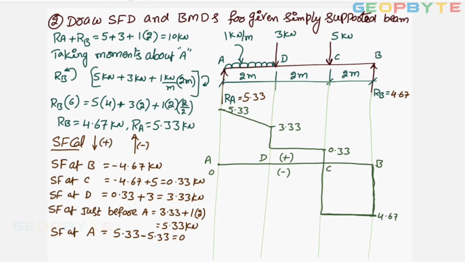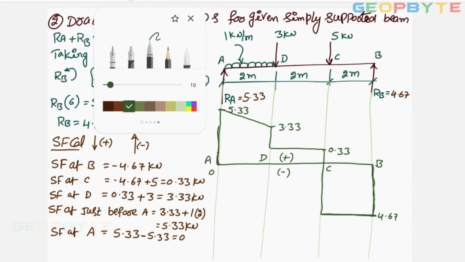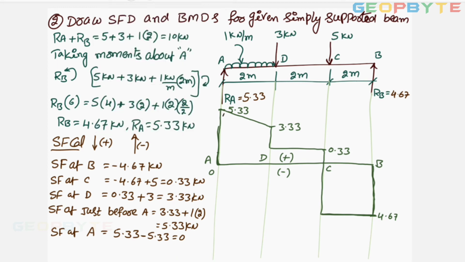Under UDL, the shear force diagram varies linearly. Join it, close it. That is the shear force diagram. Now you have to go for the makeup like this. This is how the shear force diagram can be constructed.